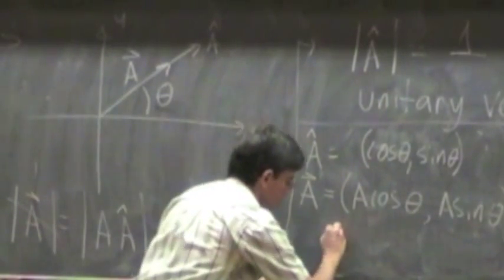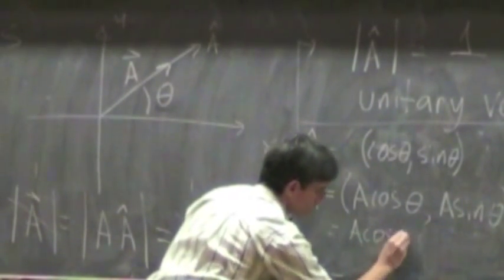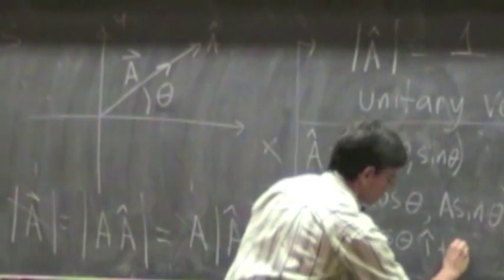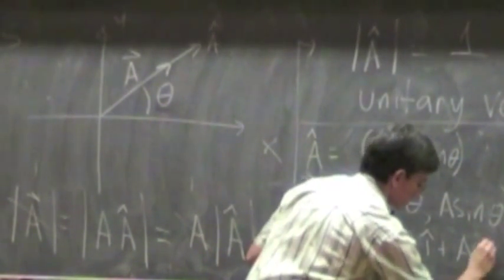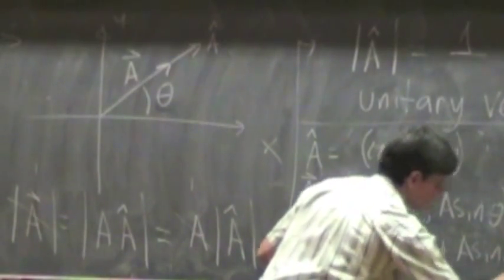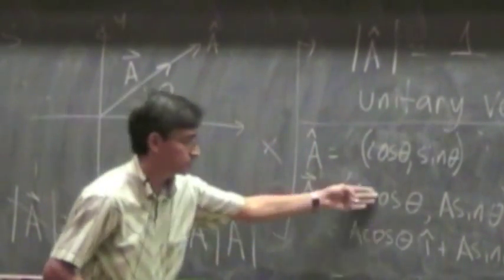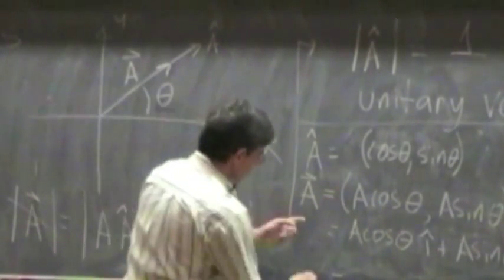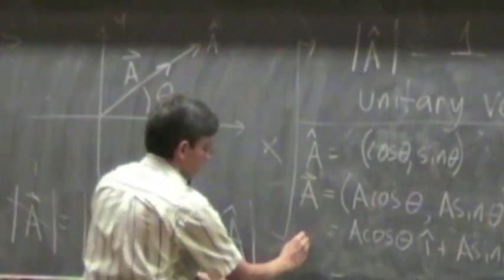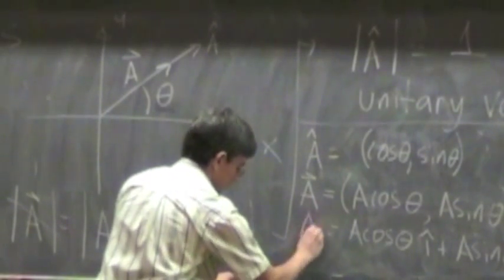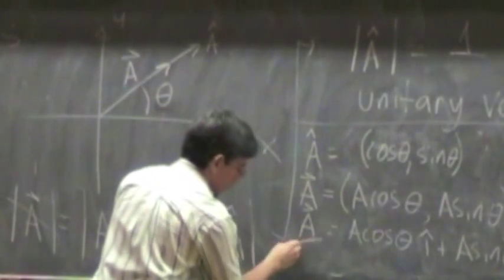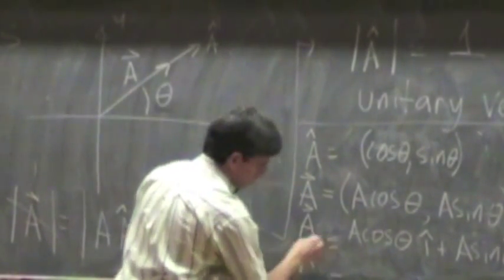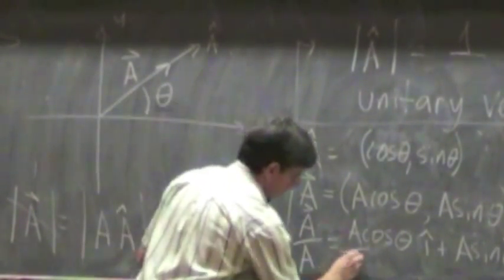This is the same notation as A cosine theta in the i hat direction plus A sine theta in the j hat direction. They just mean the same thing. So what happens when you take the vector A and divide it by the magnitude of the vector? You should get what?